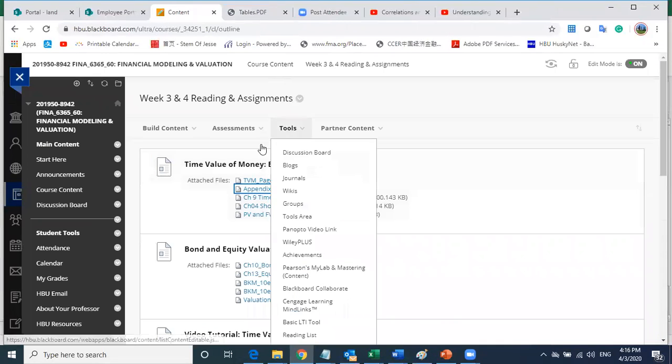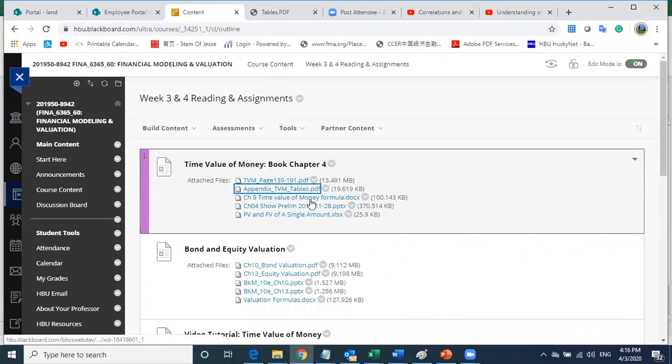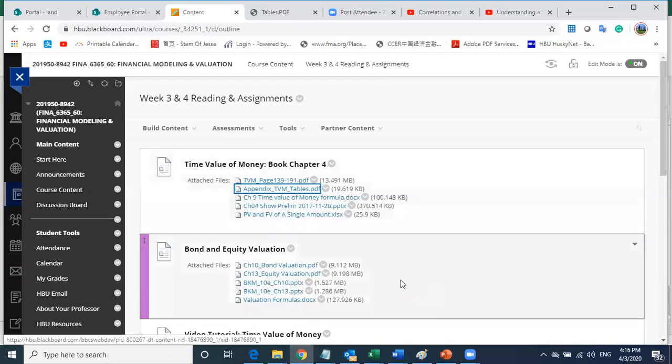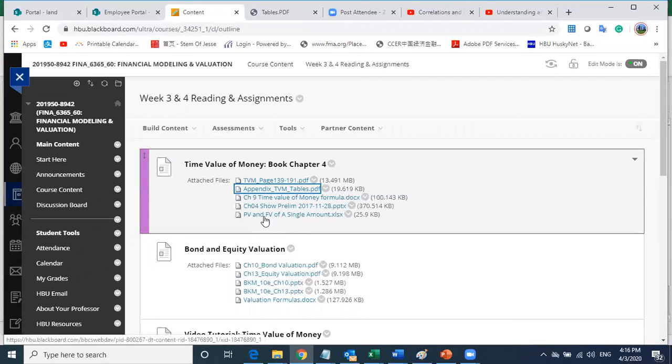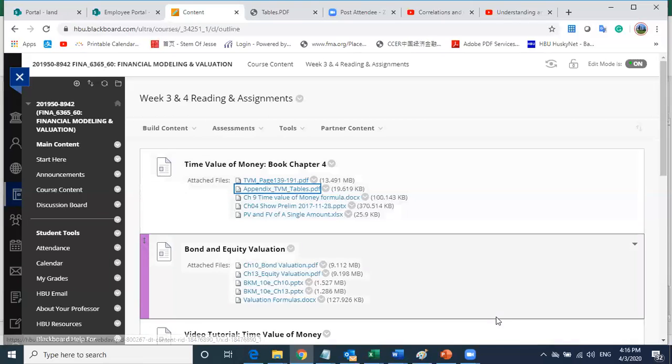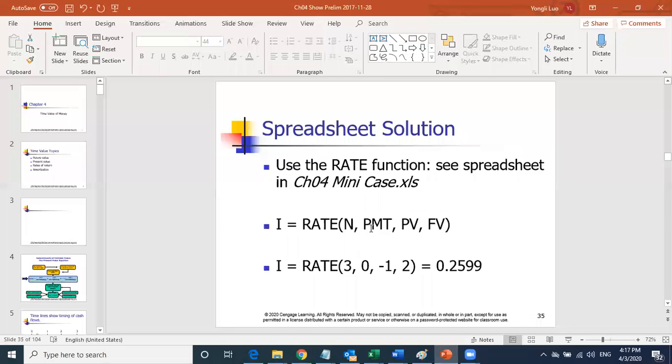And this is the PowerPoint with the formulas. And these are the PowerPoint slides I just showed you, and some of the examples I'm working on.